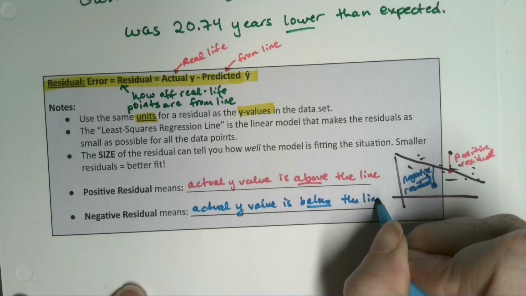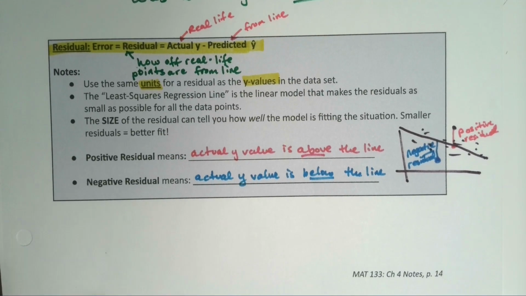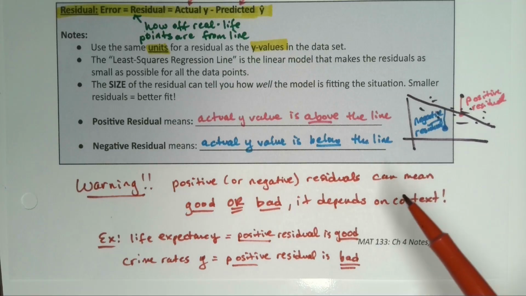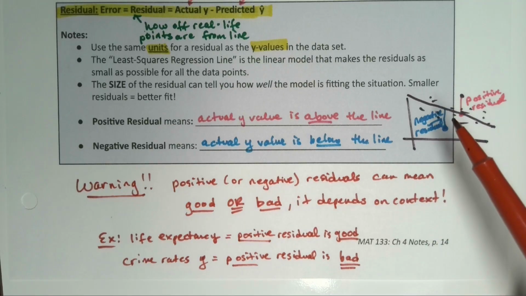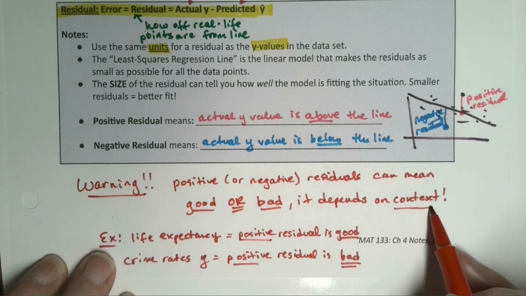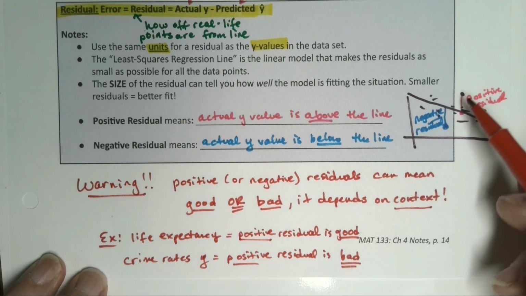Now, in the case of life expectancy, positive is good and negative is bad, right? But that is not always the case. So that's a warning to you. I just wrote up that warning for you. It really depends on what your y variable is. A positive or negative residual can be good or bad. It really just depends on your context, right? For example, with life expectancy, positive is good, negative is bad.